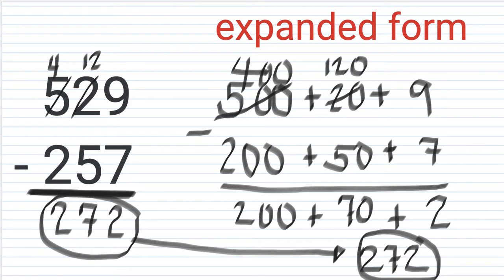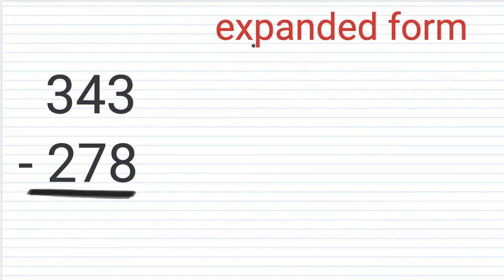Now let's make it quite challenging. Okay, we have 343 minus 278. What's the difference? Okay, let's try to expand. 300 plus 40 plus 3.